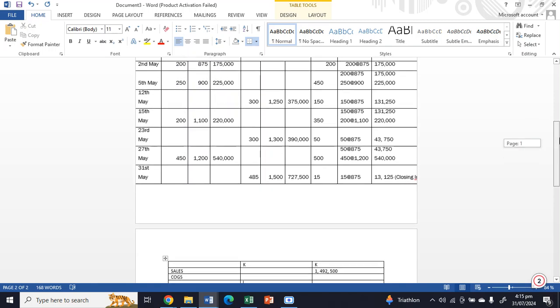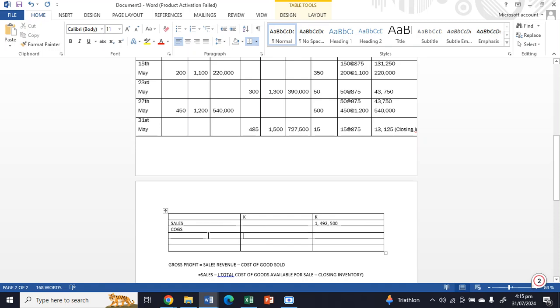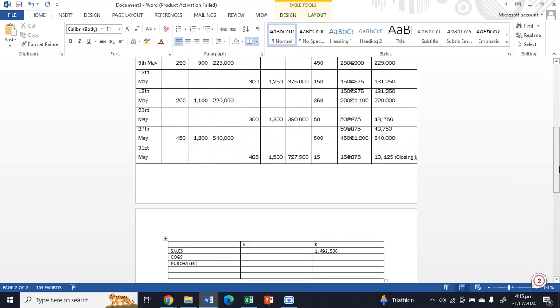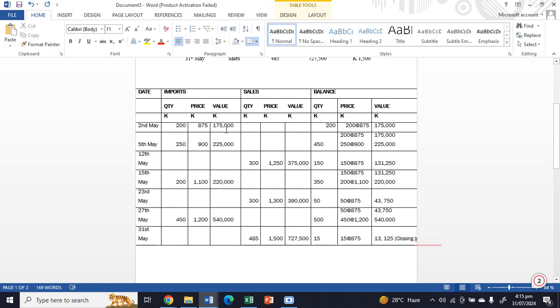So we go to purchases, which is the next item. Purchases or imports in this case. So we add up 175,000 plus 225,000 plus 220,000 plus 540,000, to get our total purchases value.